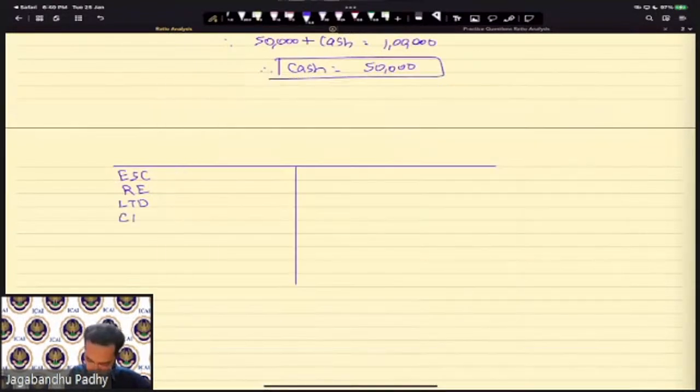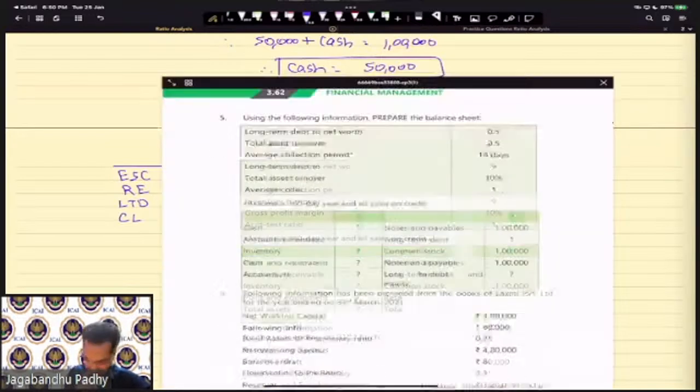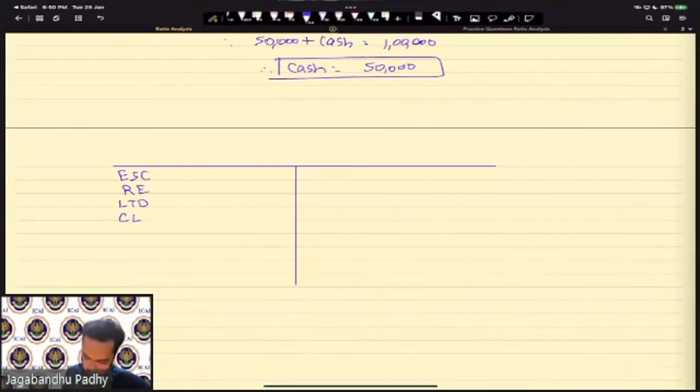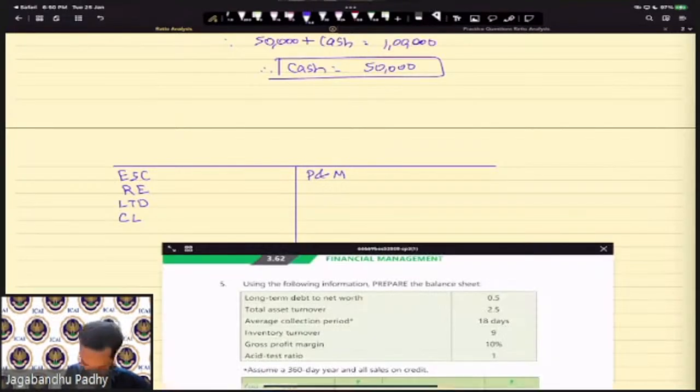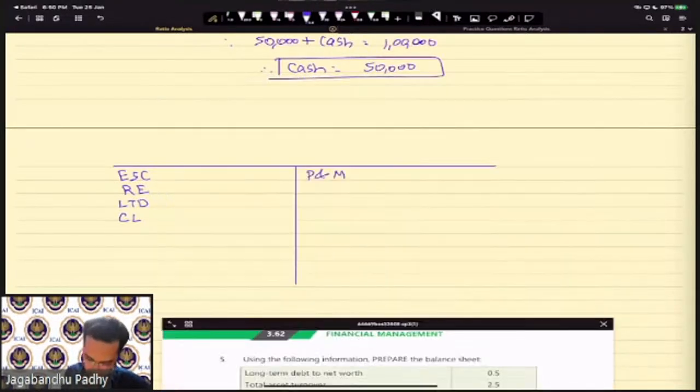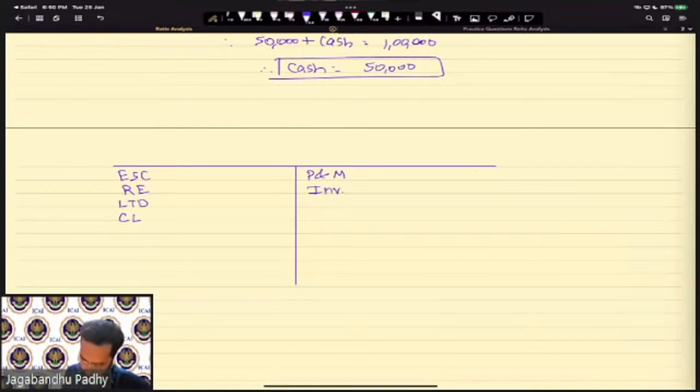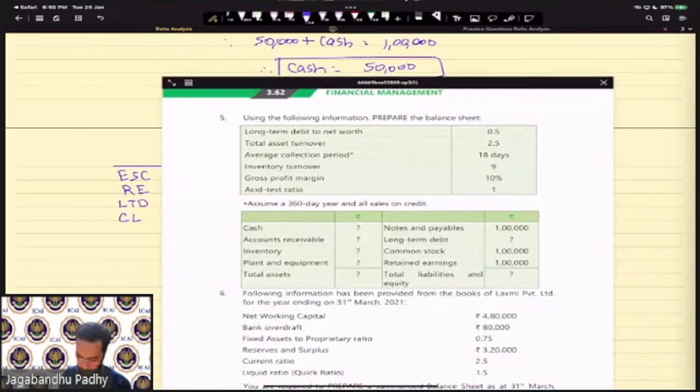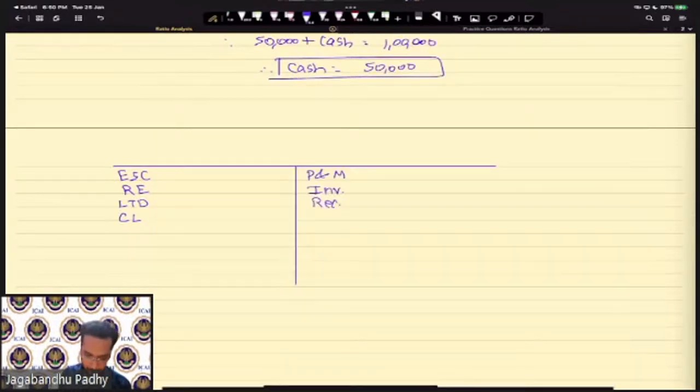And then the current liabilities. And on the asset side, we have got cash, accounts receivable, plant and machinery, inventory, receivables, and cash.